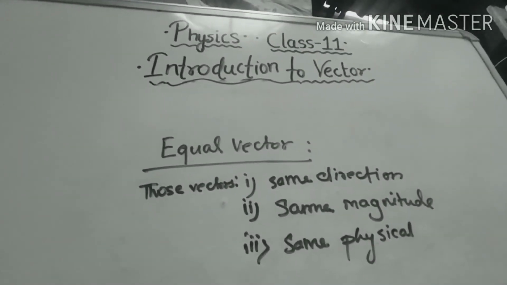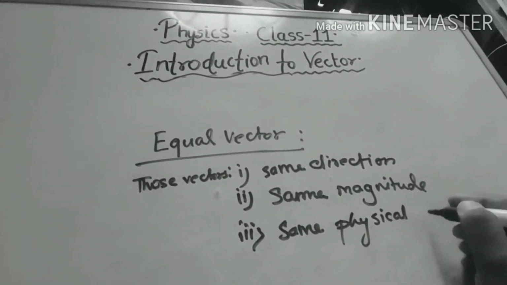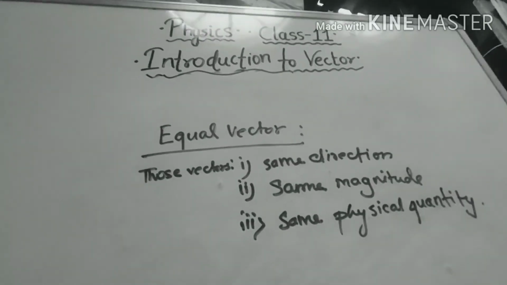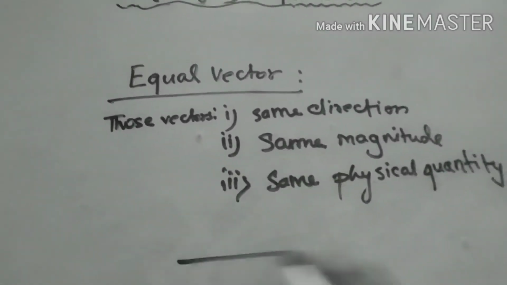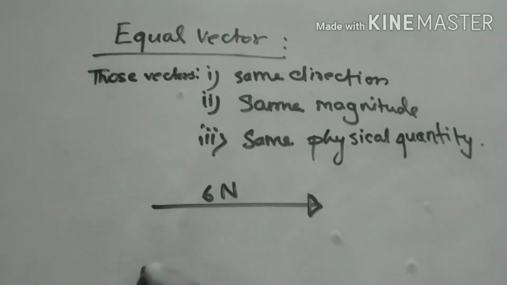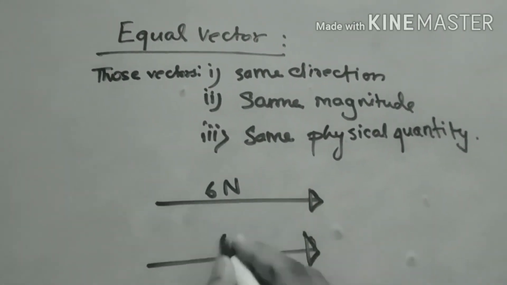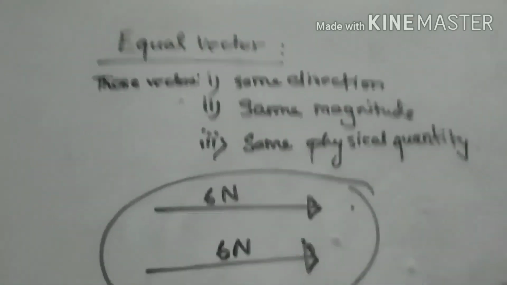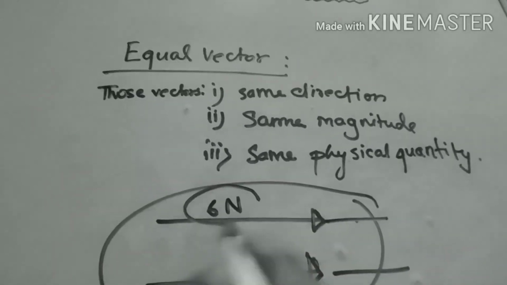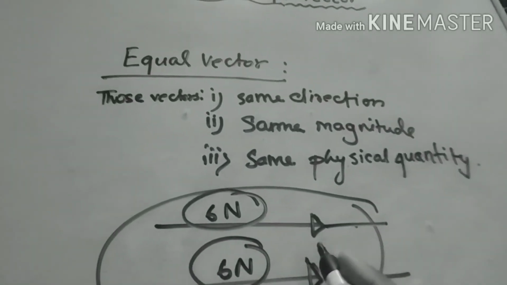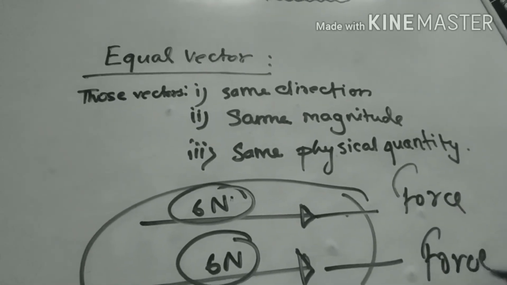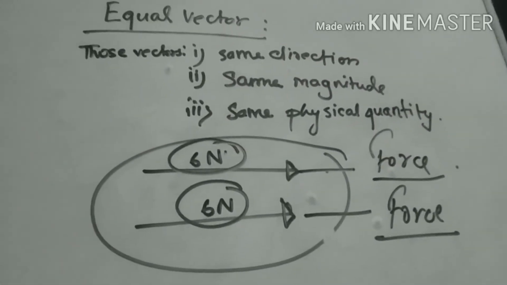Mass and force and displacement cannot be equal vectors, because they represent different physical quantities. For example, this is a 6 Newton force pointing towards east, and this is another 6 Newton force pointing toward east. So these both can be said to be equal vectors because they have the same direction, that is east, the same magnitude, that is 6 Newton, and they represent the same physical quantity, that is force.